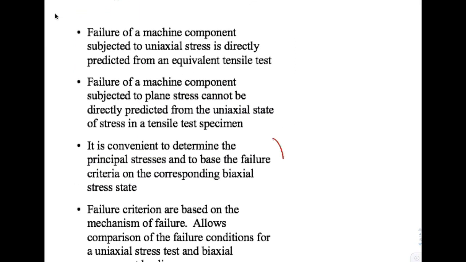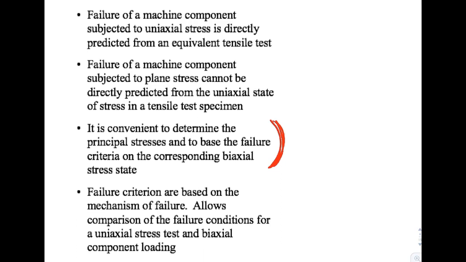And so we're going to do that by taking the principal stresses and figuring out the radius of the largest circle. So you can take a look at some of this, and what we're going to end up doing is creating a failure criterion, which is based on the mechanism of failure, the 45 degrees, which would be the plane of maximum shear stress.